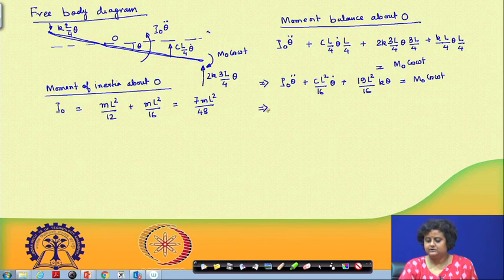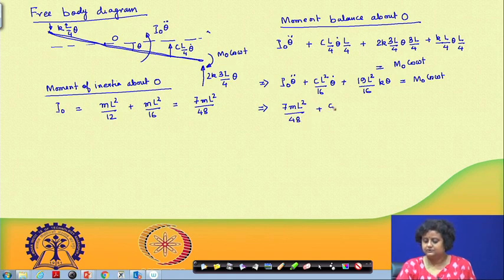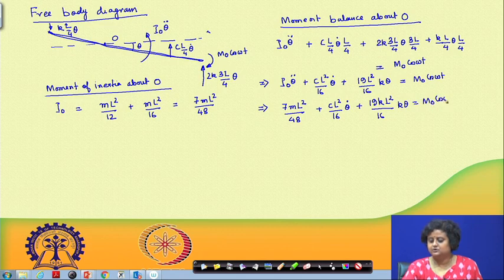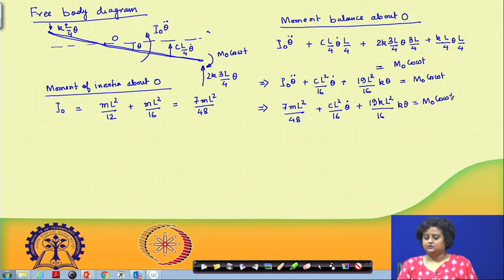Therefore, this equation can actually be written as 7 mL² by 48 plus C L² by 16 theta dot plus 19 k L² by 16 into k theta equals M0 cos omega t. So, this is my equation of motion.